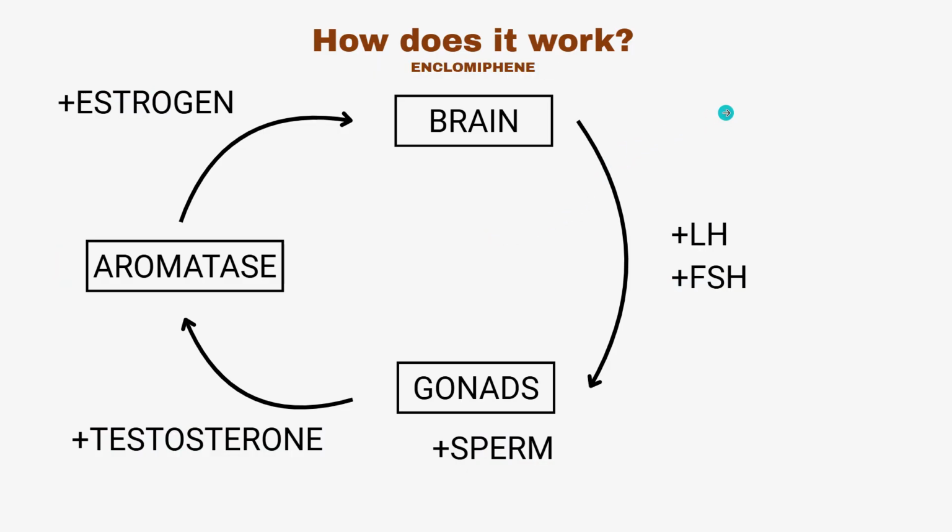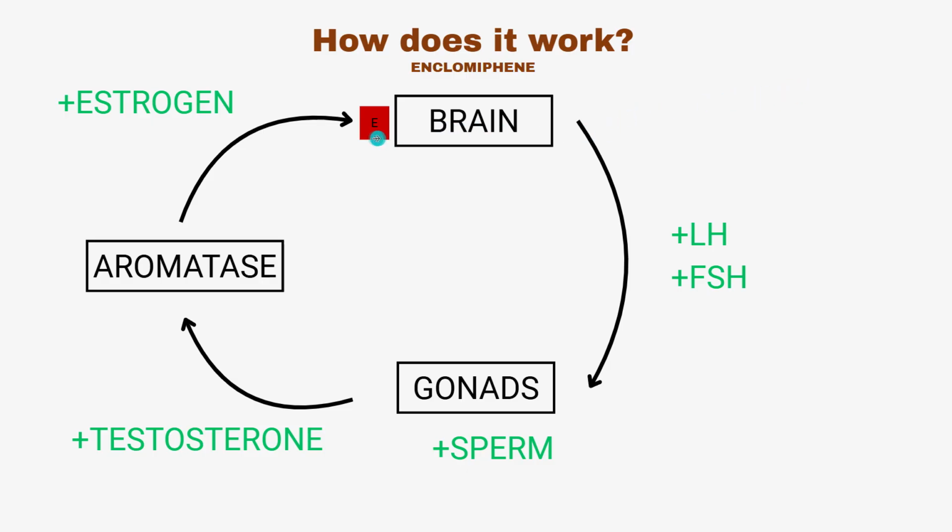And now let's look at how enclomiphene works. This is where it gets pretty interesting. There's a chance that you get a spike in absolutely everything, which can sometimes be more favorable, sometimes less favorable.